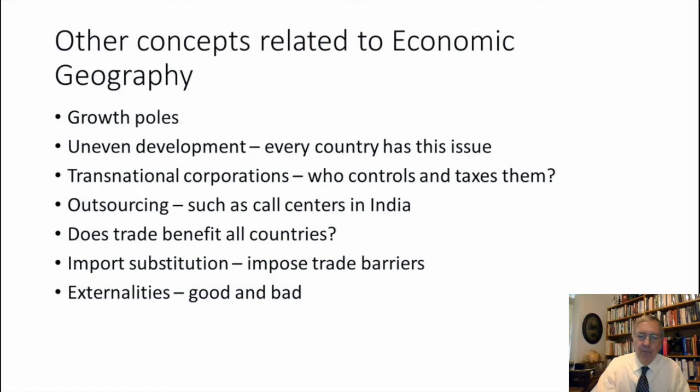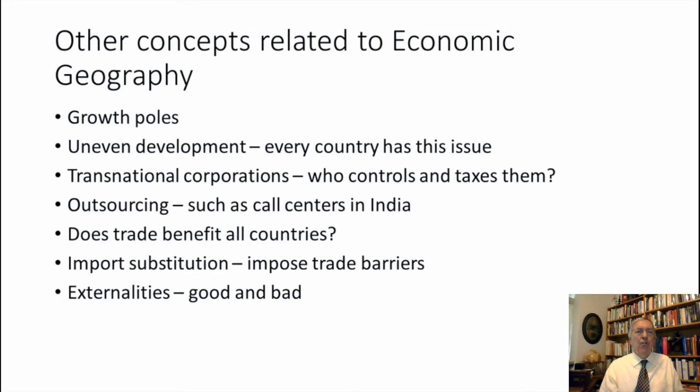But this whole issue of who controls these corporations and who taxes them, if you follow the news at all, there was a big fuss about Burger King buying Tim Hortons, a Canadian company, because they're going to have to pay less American taxes. So there are all kinds of issues to do with transnational corporations.